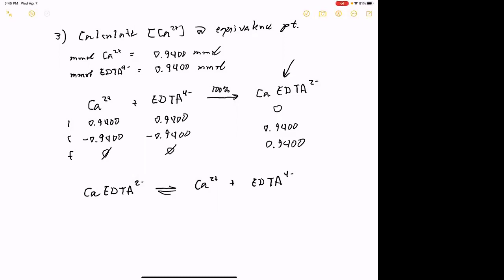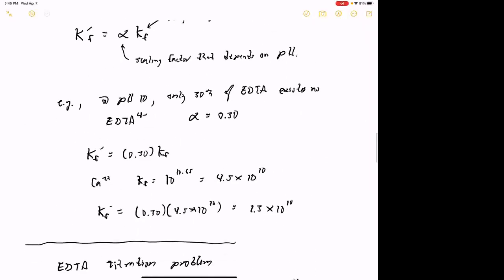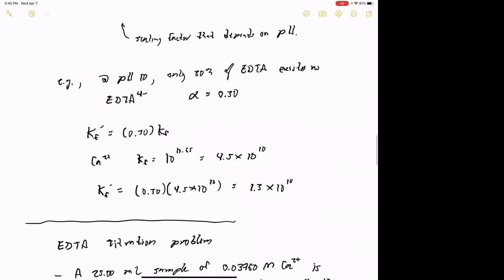I think we might have actually figured it out up top somewhere, if I remember correctly, when we were doing a, yeah, if you look here at this example that we did where we were talking about conditional KFs, we said we were at pH 10, and we said that 30% of the EDTA, so for the case of the calcium, right, which we did here, the KF was 10.65, which was the prefactor, the alpha factor we look up, times the KF that we get from the table.